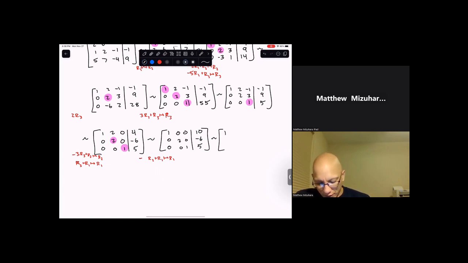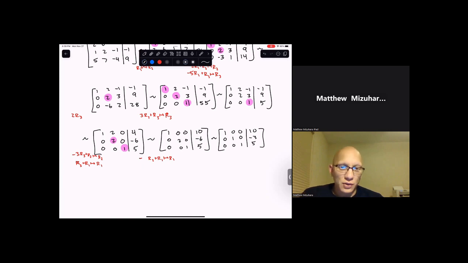At this point, the last thing I notice is that I can just divide that second row by 2 to get 0, 1, 0, -3. And now my matrix has an identity matrix on the left, and then my solution vector ends up on the right.